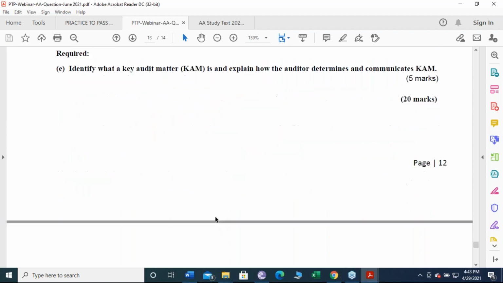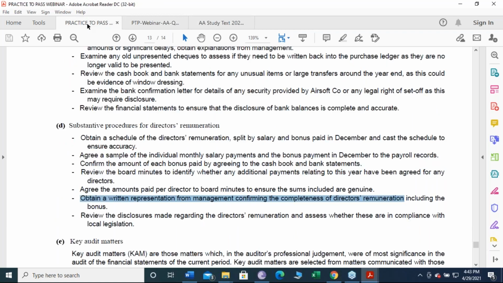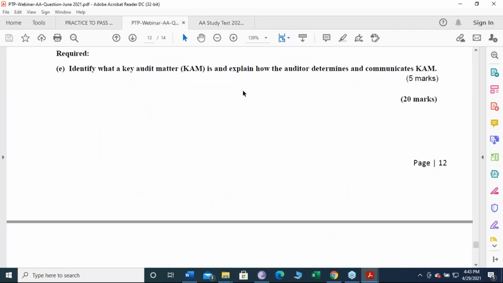So audit report. Guys, as far as tomorrow's agenda is concerned, first of all, we will be solving questions on substantive procedures. Secondly, we'll go through a topic called going concern. Third, we'll go through a topic called subsequent events.